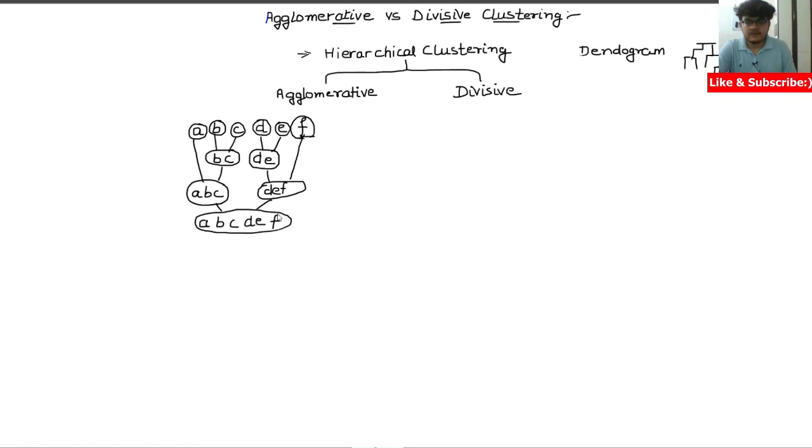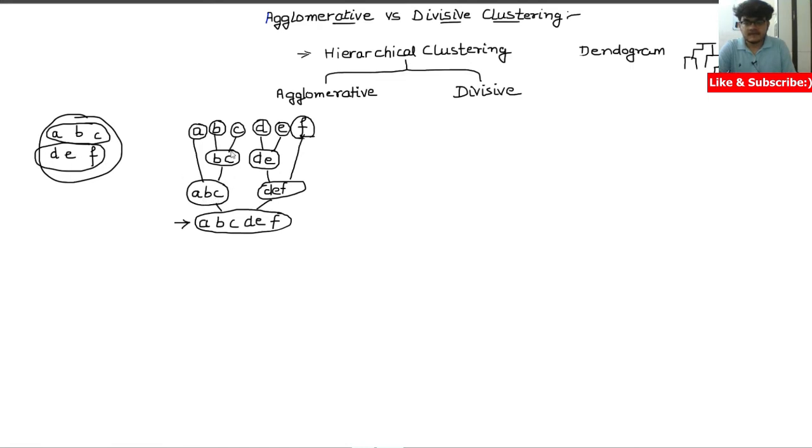So from this diagram, we can conclude that A, B, C, D, E, F is a cluster, and inside it we have two clusters, A, B, C and D, E, F. So let's suppose we have a big cluster here with points A, B, C, D, E and F. Inside this, A, B, C is a cluster like this, and D, E, F is also a cluster.